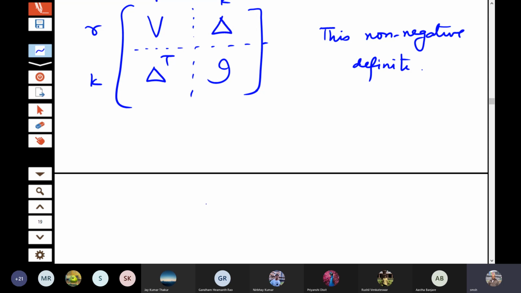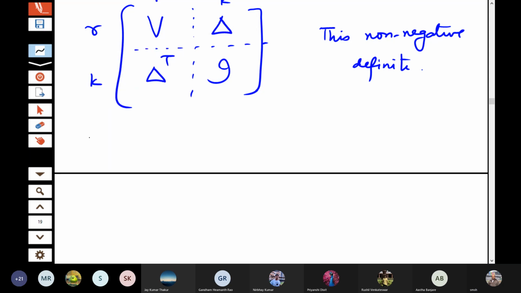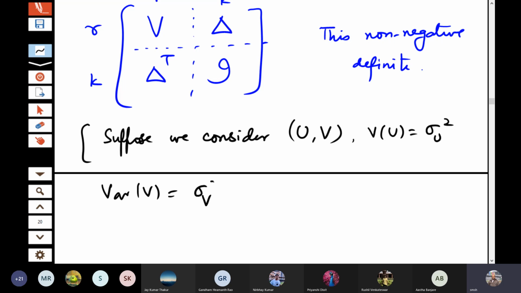Suppose I consider say u, v, and we write say variance of u is equal to sigma u square, variance of v is equal to sigma v square, and covariance between u and v is sigma uv.